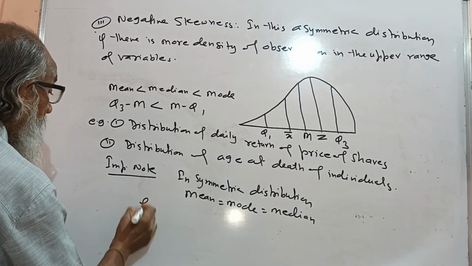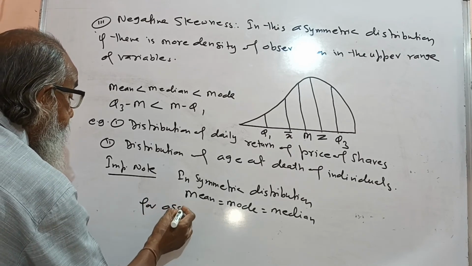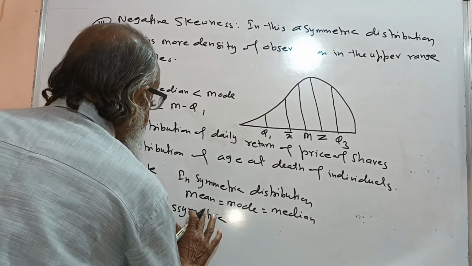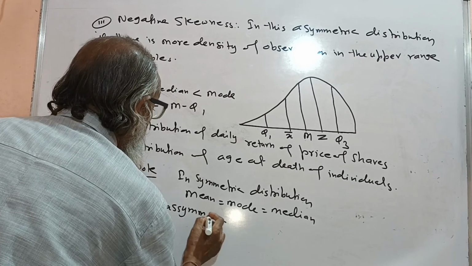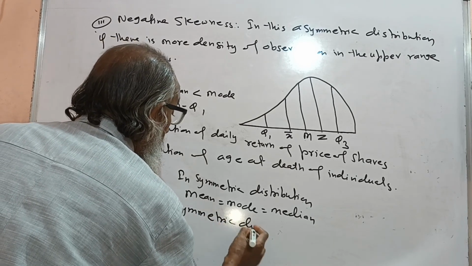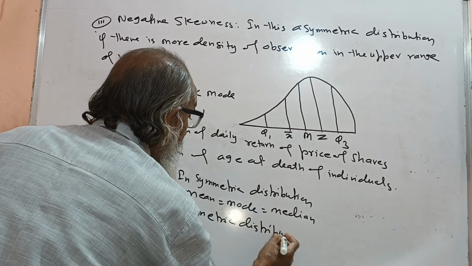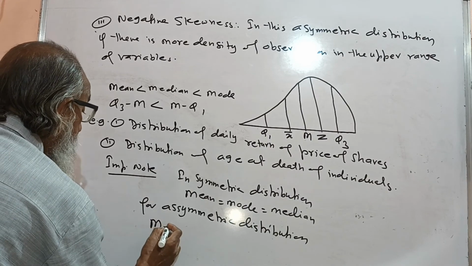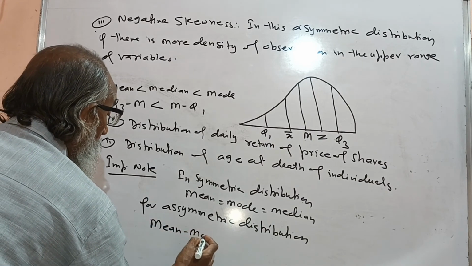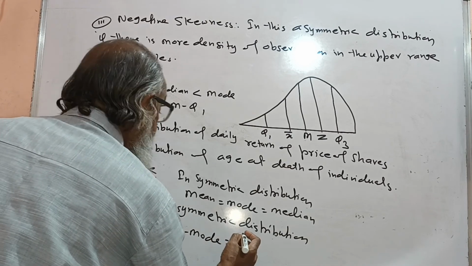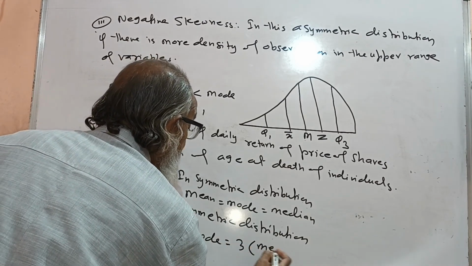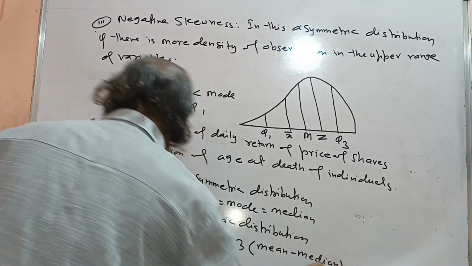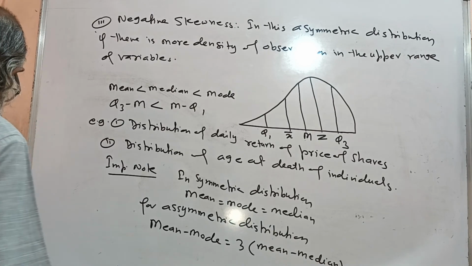For an asymmetric distribution, mean minus mode is equal to 3 into (mean minus median).